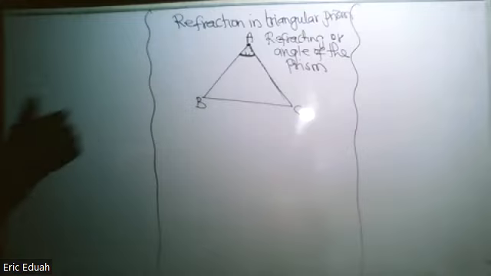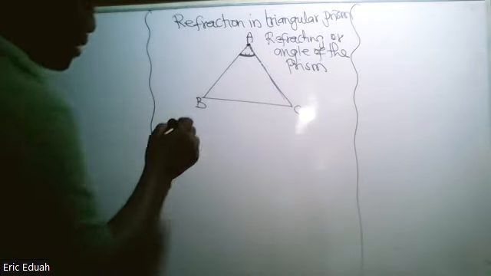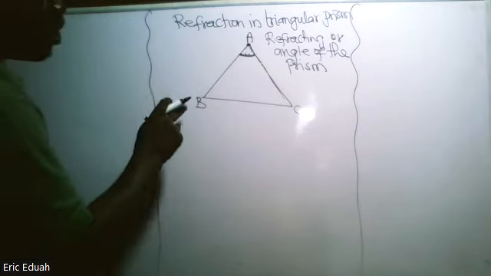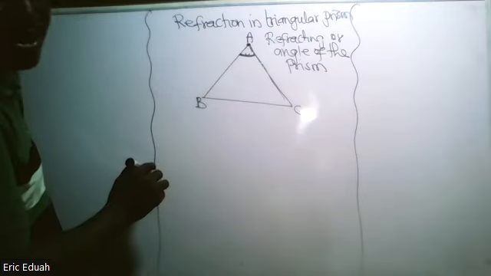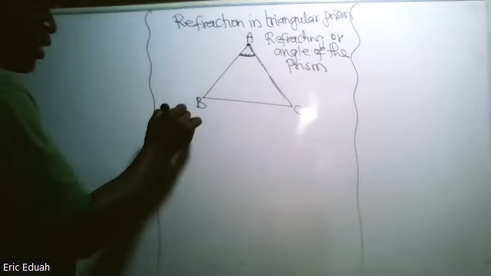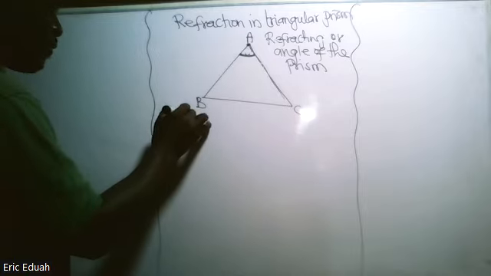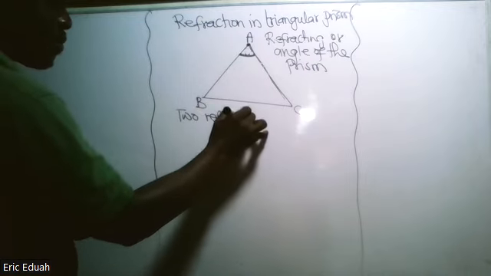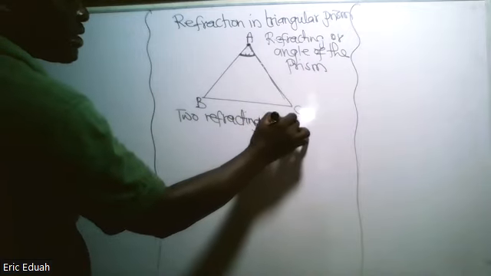Now, what is so peculiar about the triangular prism? The triangular prism always has two refracting planes or surfaces. So by its shape, it has two refracting planes or surfaces.